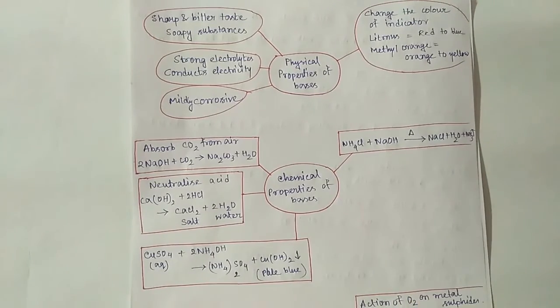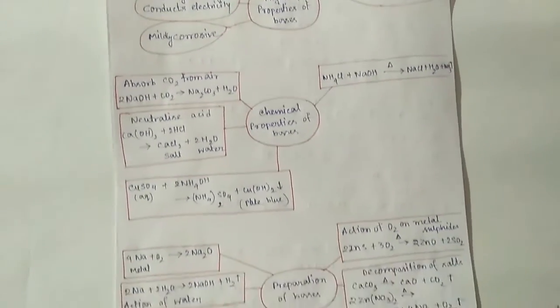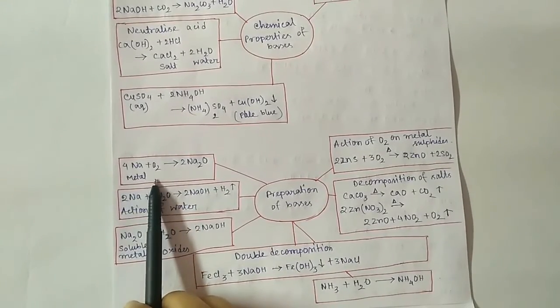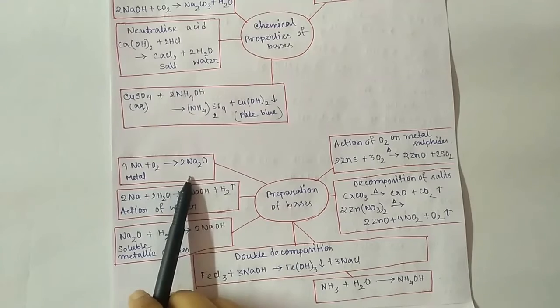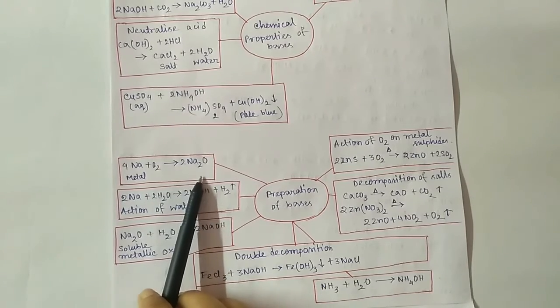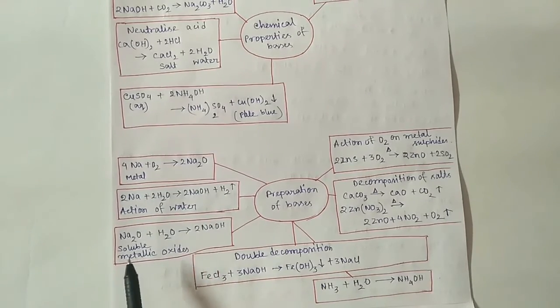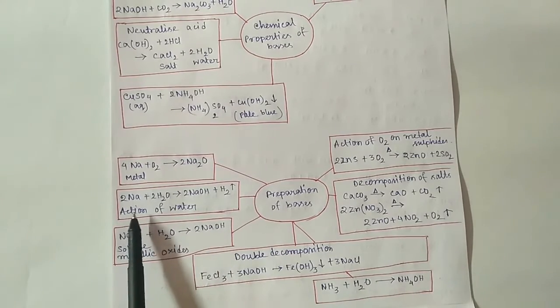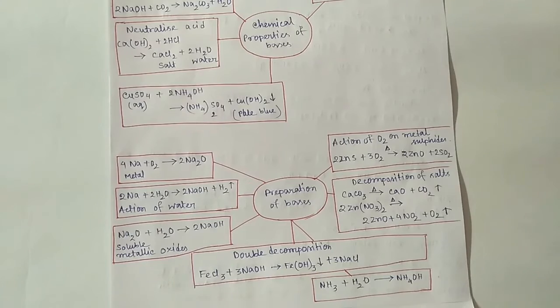Now, let's learn the preparation of bases, how we will prepare bases. Sodium metal, when treated with oxygen, produces a metal basic oxide, Na2O. The next thing, by the action of water on reactive metals like sodium, potassium, calcium, they produce a base.